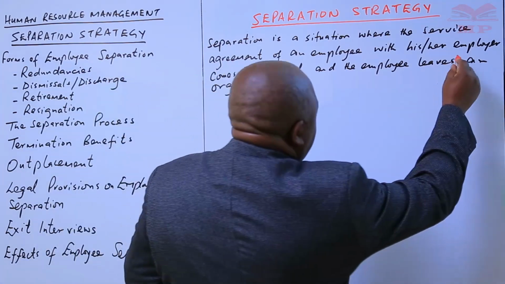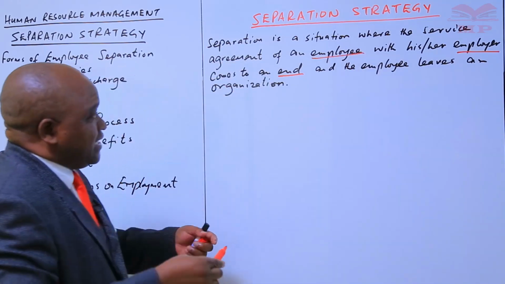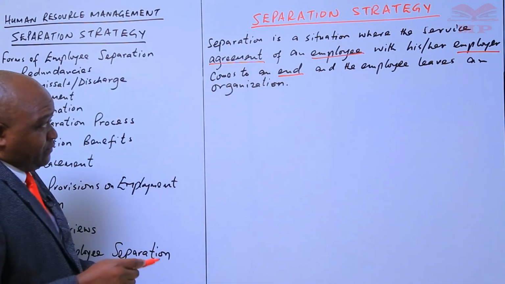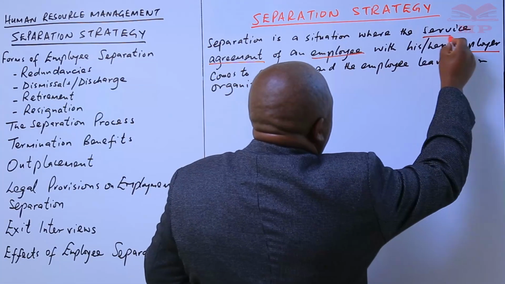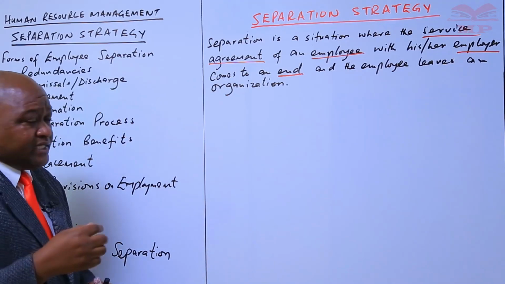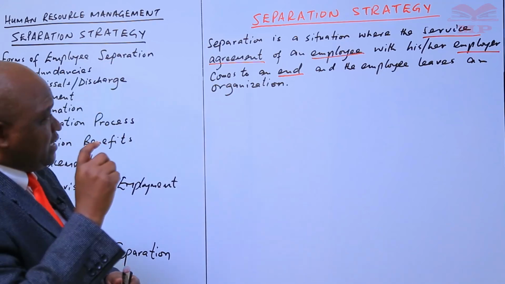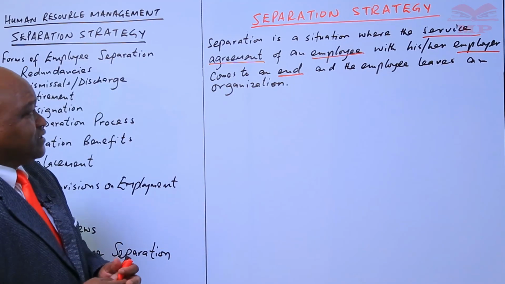So there is the employer, there is the employee, and there is an agreement of service. So when this service agreement of an employee with his or her employer comes to an end, that is what we are looking at in terms of separation. And when that happens, then the employee leaves an organization.